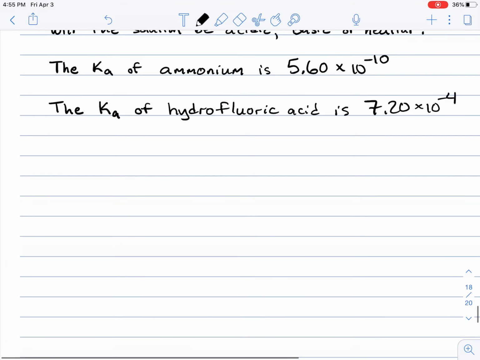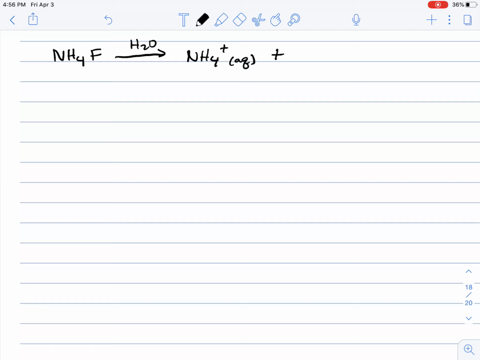So we have ammonium fluoride, which is NH4F. We're going to place it in water, and when we do so, we get NH4 plus, and since it's in water, it's going to be aqueous, and we have F minus, that's aqueous.